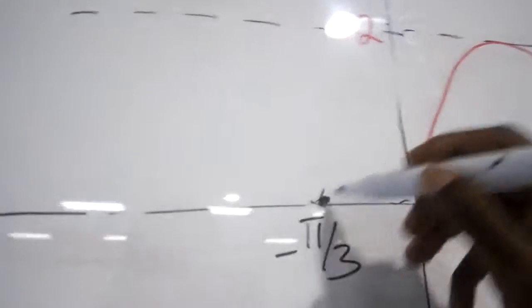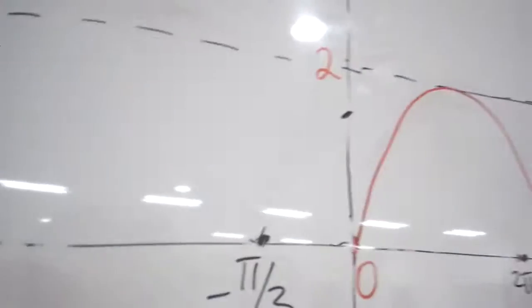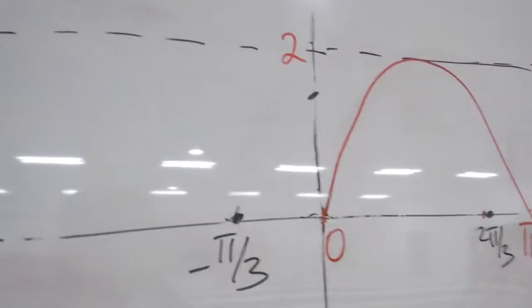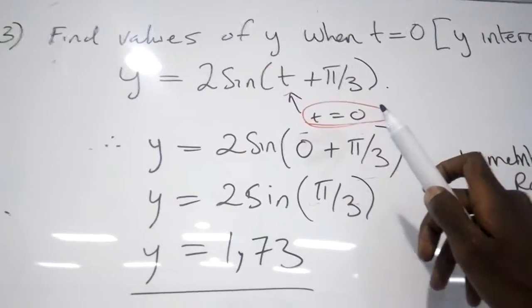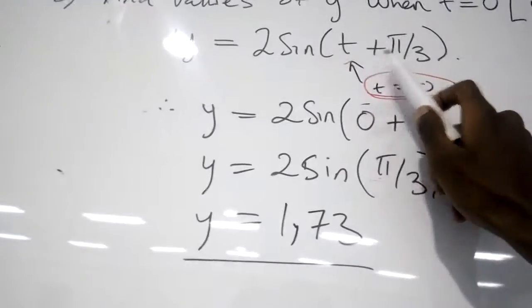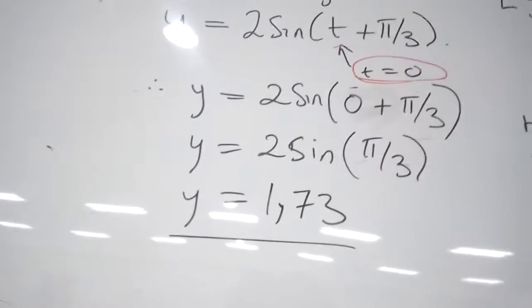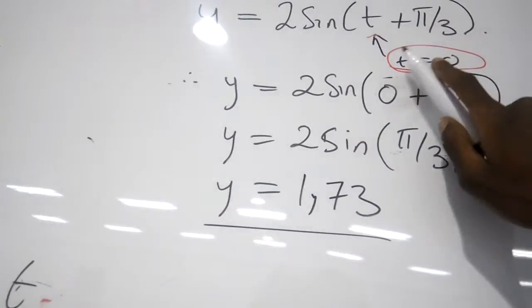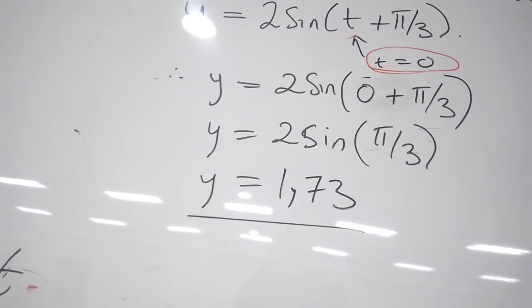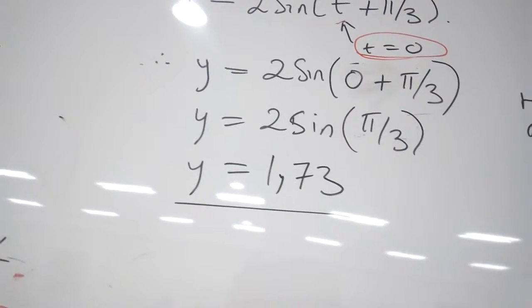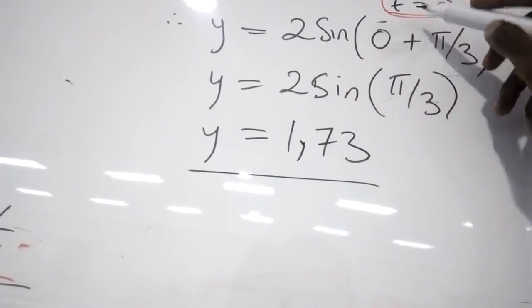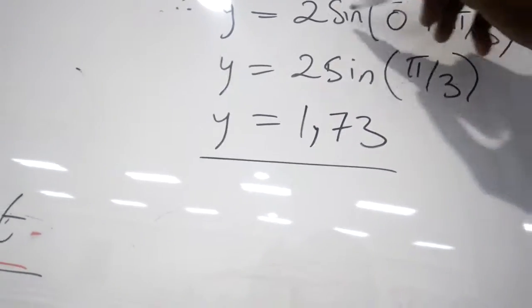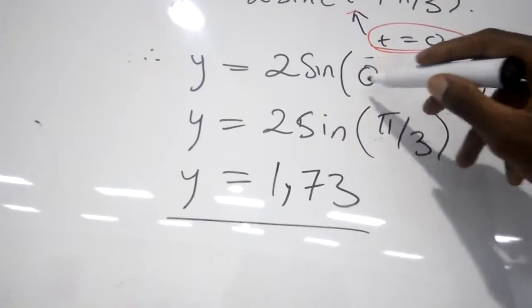So we need to see where it crosses the y-axis, which is called the y-intercept. This is how you calculate your y-intercept. It is 2 sine of pi over 3. Remember, t is 0 at the y-intercept. So we just substitute t equals 0 in that equation, then it's 0 plus that, we remain with that.